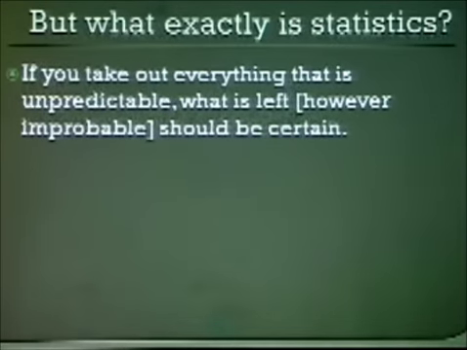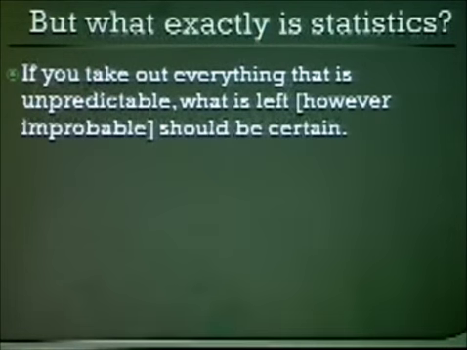If you take out everything that is unpredictable, what remains has to be certain. Okay? So if you take out everything that is false, then what remains, however improbable it is, has to be the truth. That is the assumption of statistics. All tests are based on this particular assumption.